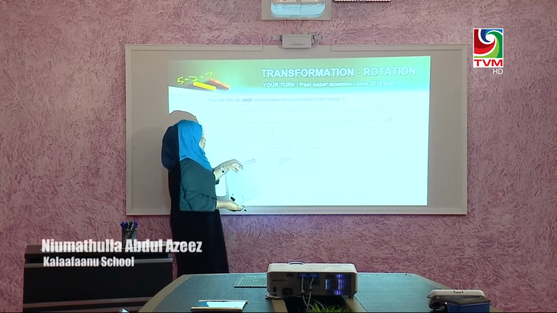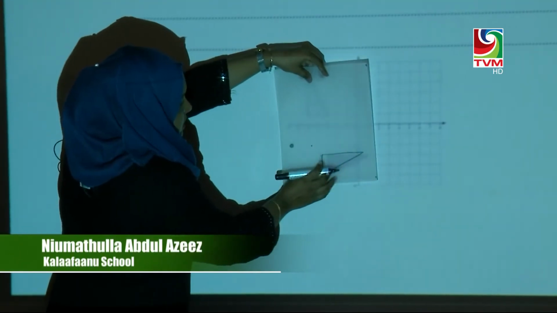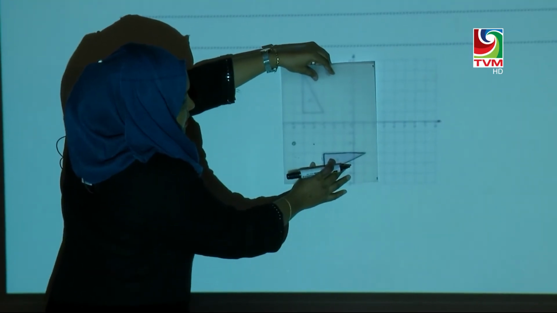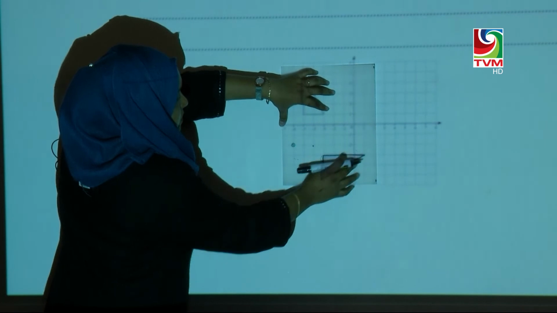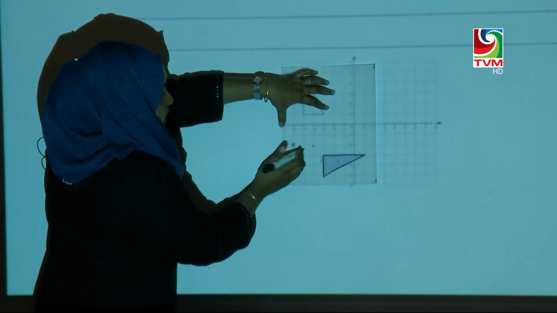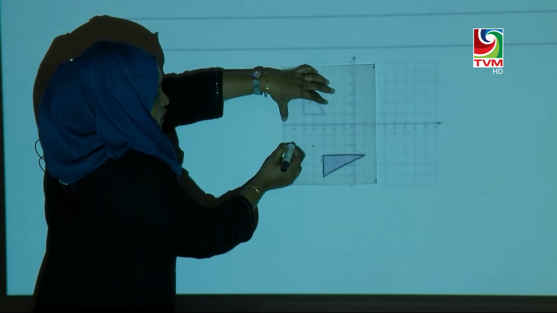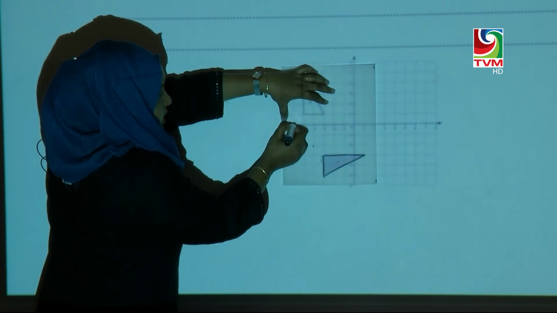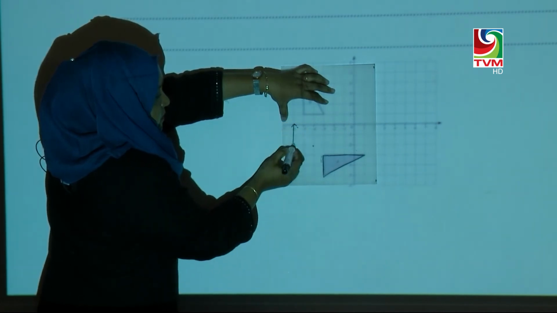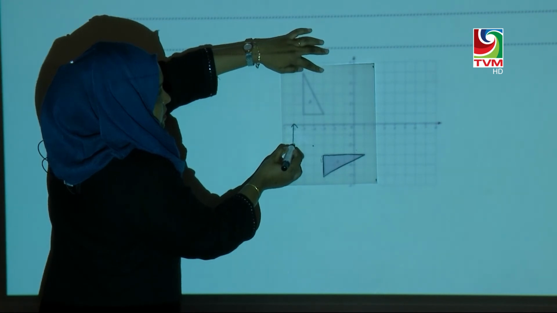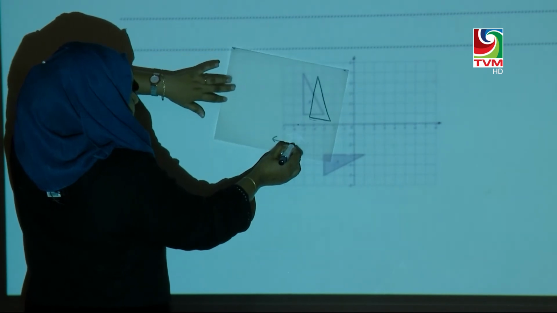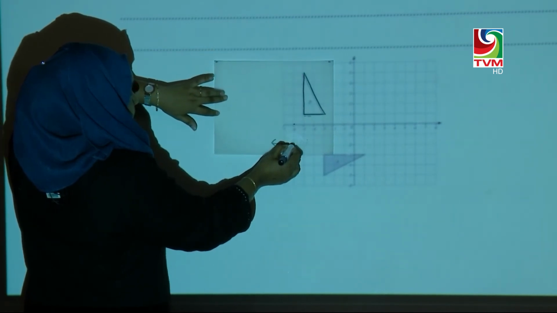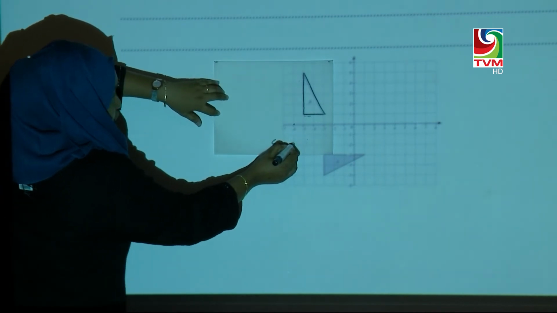To find the angle of rotation also we are going to use tracing paper. Place your tracing paper over the object. Draw the outline. Now we know this is the center. You are going to draw a vertical arrow at the center and then turn your tracing paper anti-clockwise till the outline fits exactly on top of your image.